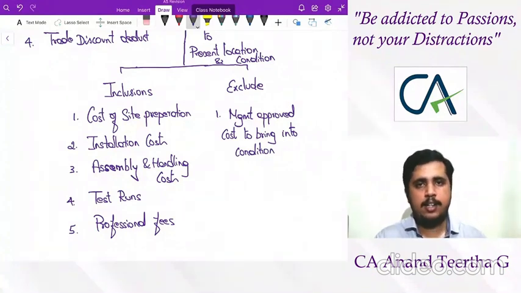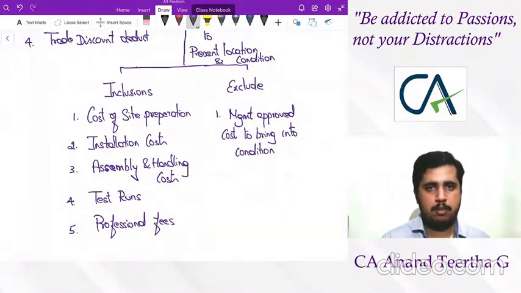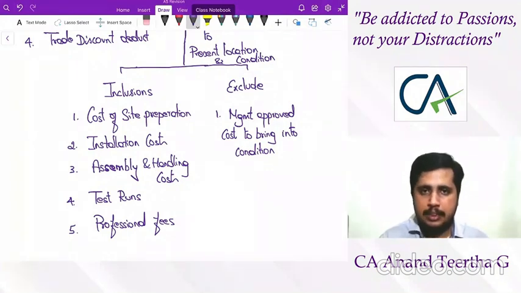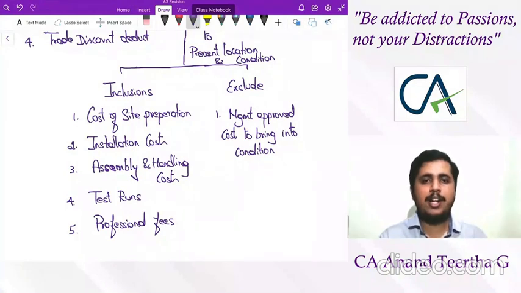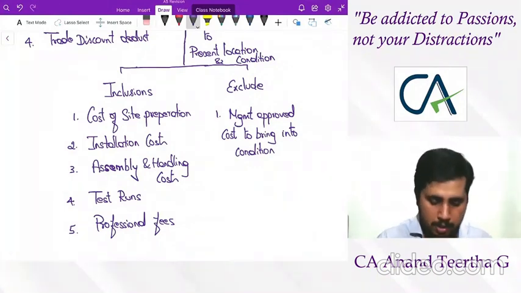They made a trial run. Management looked into that trial run and said it is according to specification, so we are approving this asset. Again, you try it one more time just to get it confirmed again. This is not covered, because once management approval is done, once the asset is suitable for your business, it is already accepted. Again, just to see whether it is within specification, for confirmation purposes, those things are not covered as directly attributable cost.